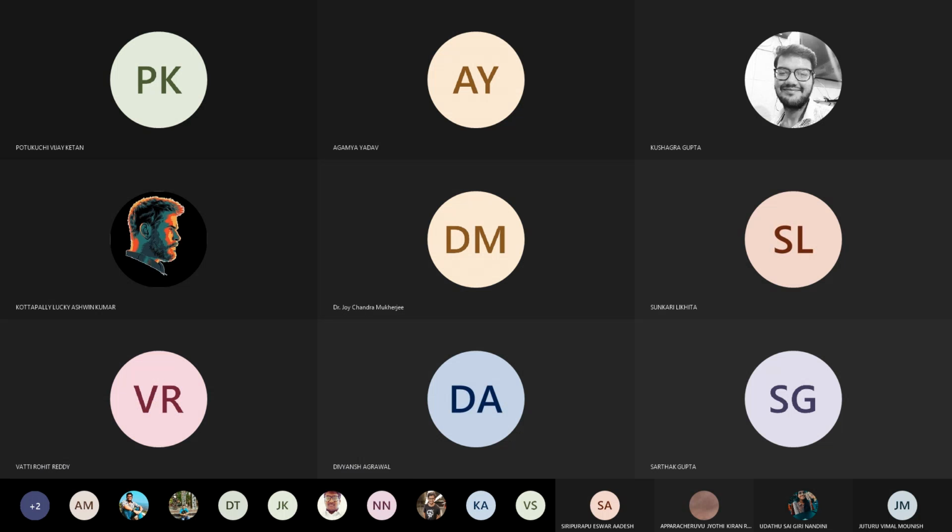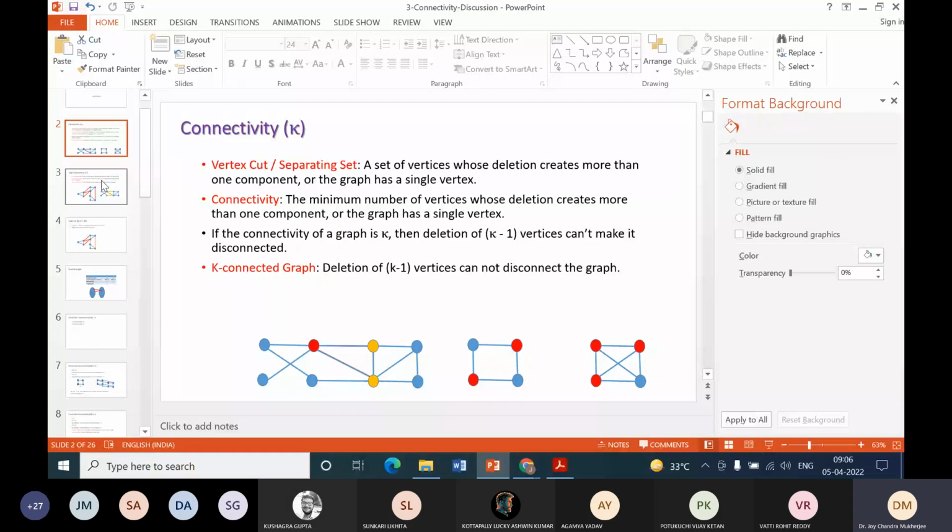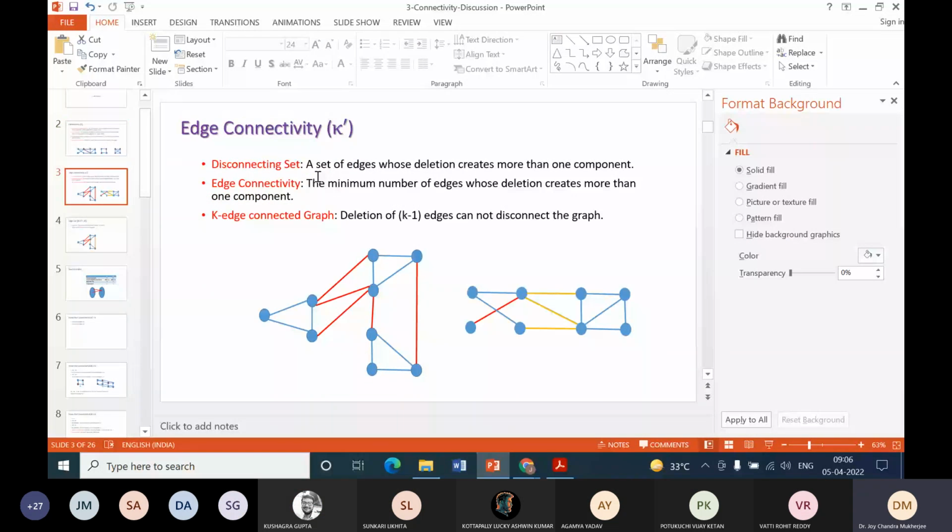Exactly K. Similarly, in a similar line, we have the definition of edge connectivity, where we talk about the disconnecting set. It is basically a set of edges whose deletion creates more than one component.